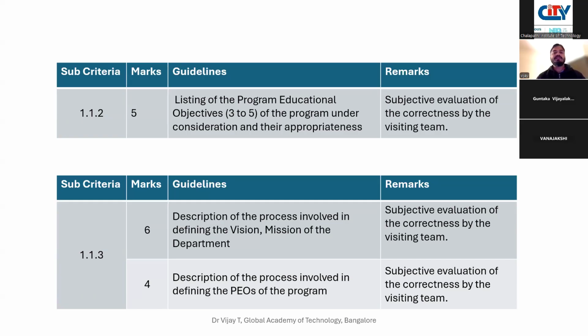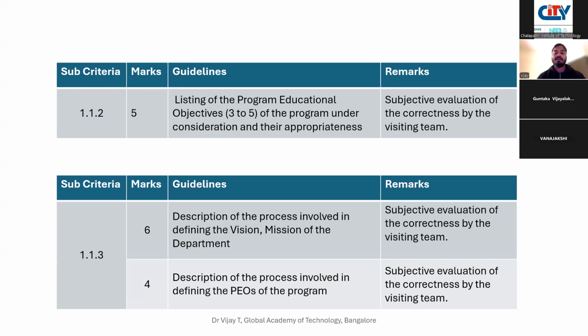So 1.1.2 carries 5 marks. Listing of program educational objectives, 3 to 5 in number, of the program under consideration and their appropriateness. Description. So here you have to map the PEOs to mission statements to show how they are aligned. Program educational objectives are derived by taking into consideration employers and alumni as major stakeholders.